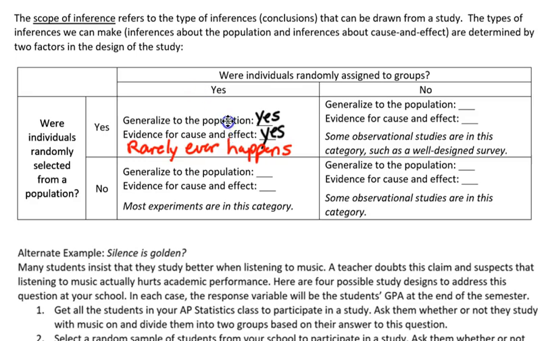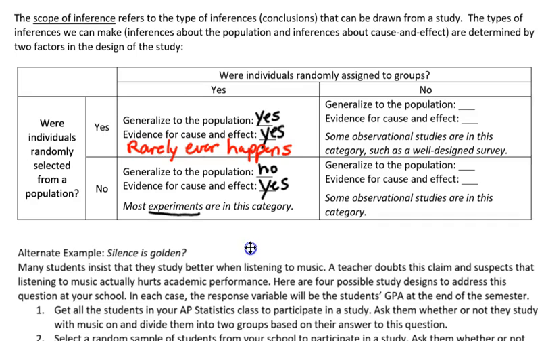So usually both of these don't happen at the same time. It's usually one or the other. So here's a situation where individuals are randomly assigned to groups, but we didn't randomly select those individuals. So in that case, no, we cannot generalize to the population, but yes, we could possibly find evidence for cause and effect. Most experiments fall in this category.